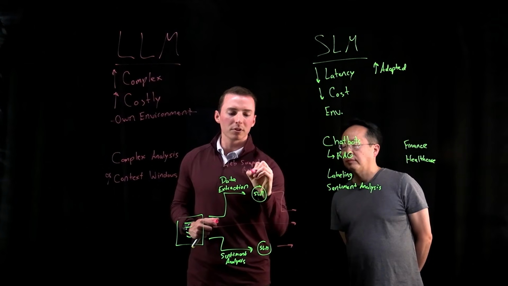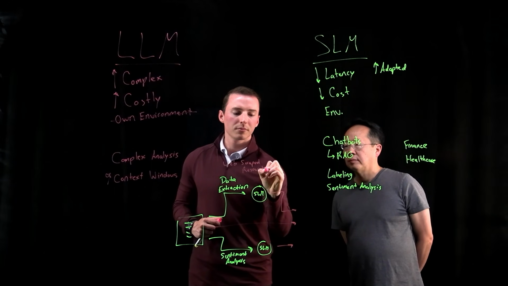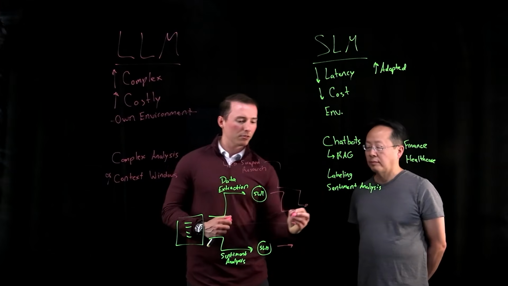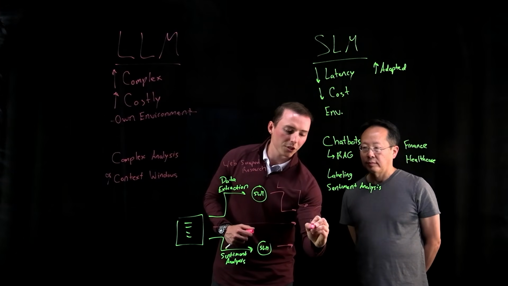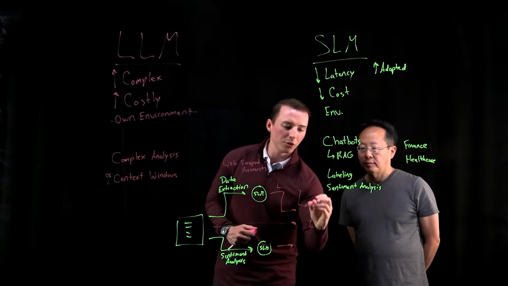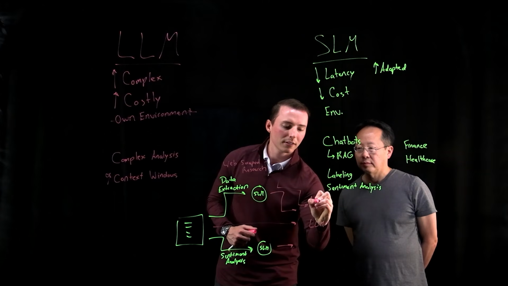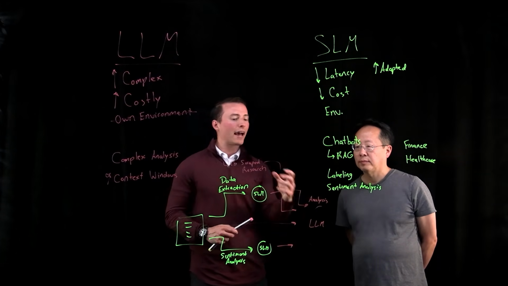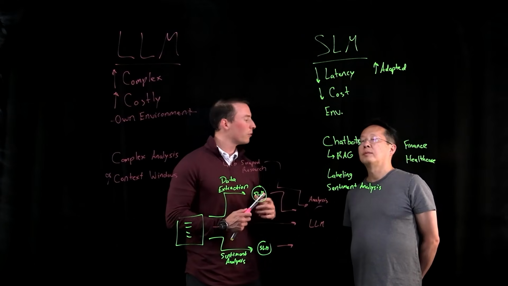Let's say it's some research, and you want to pass all of that to a model. You can then pass that to your LLM to do overall analysis of this output. And then that output can have a task done with it.